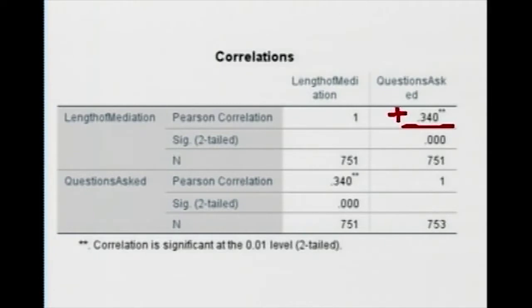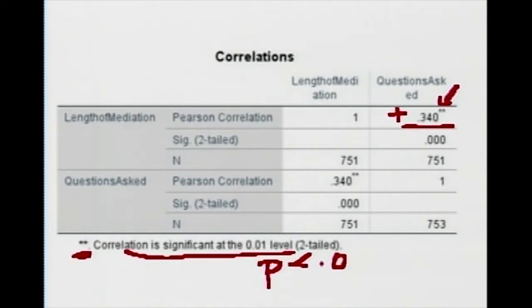Then we see the number 0.340, and we know that this is a significant correlation, because we see the stars, and the stars show us that we have a correlation that's significant at the 0.01 level. What does that mean? Remember, we had the standard that p has to be less than 0.05.